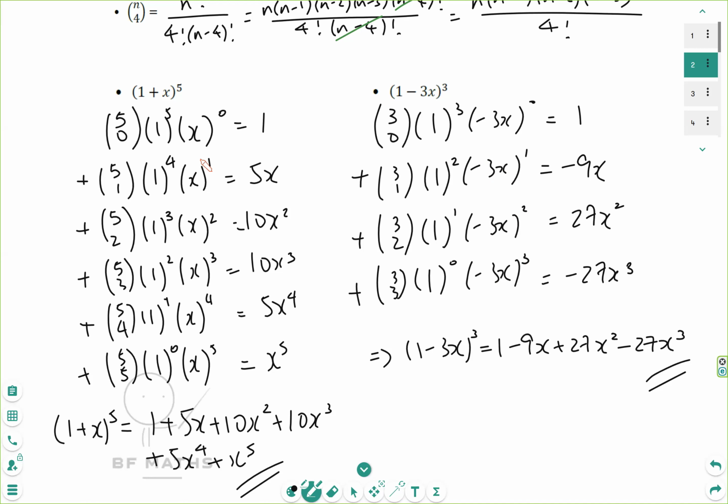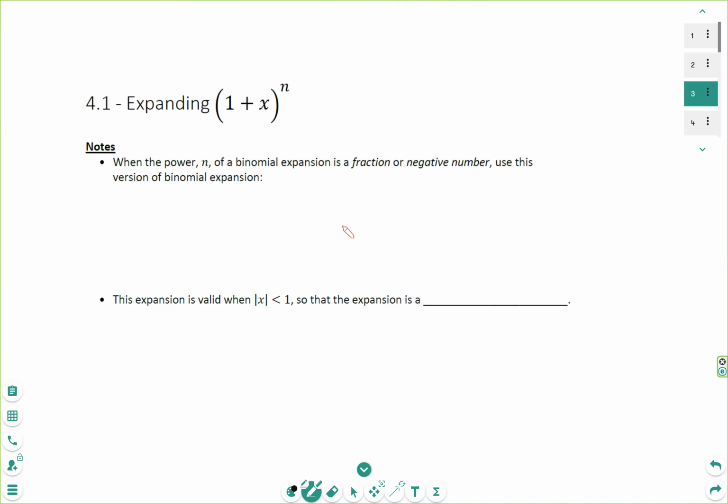Okay, right, so now let's go to the real deal for year 2 stuff after yapping for so long. Notes. When the power n of a binomial expansion is a fraction or a negative number, so in year 2, we're looking into expanding with a fractional power or negative power, we can use this version of binomial expansion.